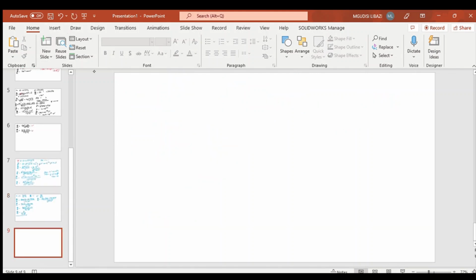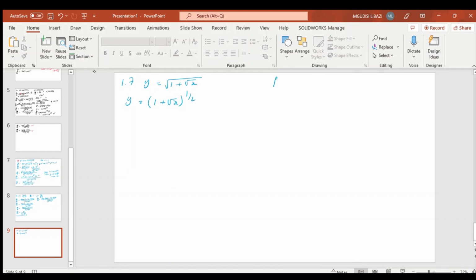Let's try another example. Here I have 1.7: y is equal to the square root of 1 plus the root of x, and all of this is under the square root. How can we solve that one? To me this seems like a chain rule, because we have a function inside another function. We can write this as y equal to 1 plus the root of x all raised to 1 over 2.